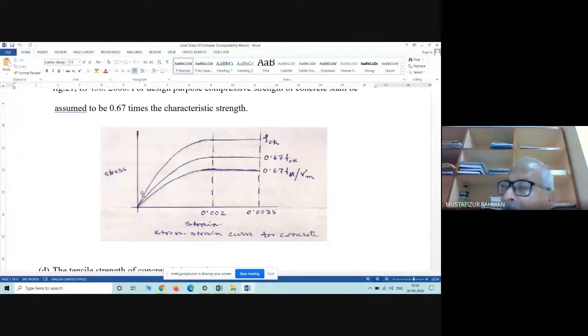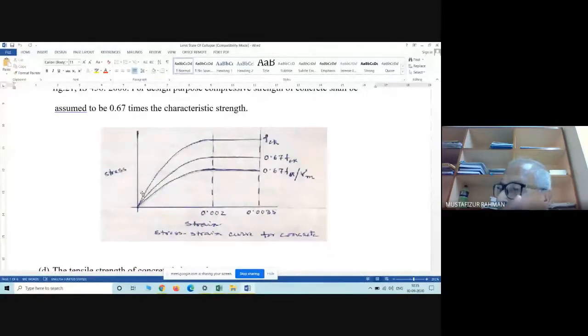Now, why? There are some problems on which we are not having control. We cannot control it. So we should utilize some conception. All over the world, it is assumed that whatever characteristic strength is there, we will consider 67% of that. Okay. Now, the next curve you are getting is 0.67 fck by gamma m.